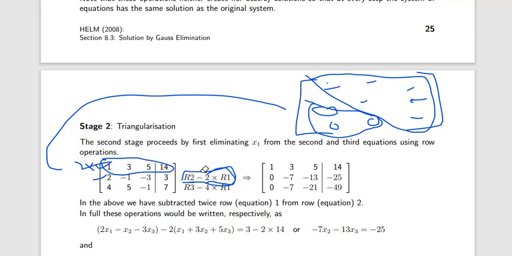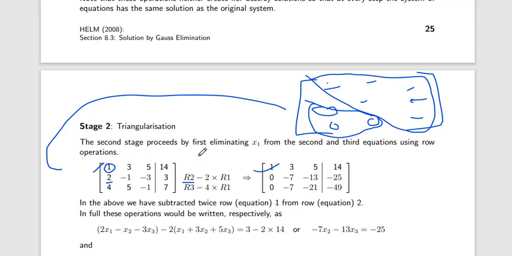So the first row remains the same, because the operation was done in the second row, not in the first row.